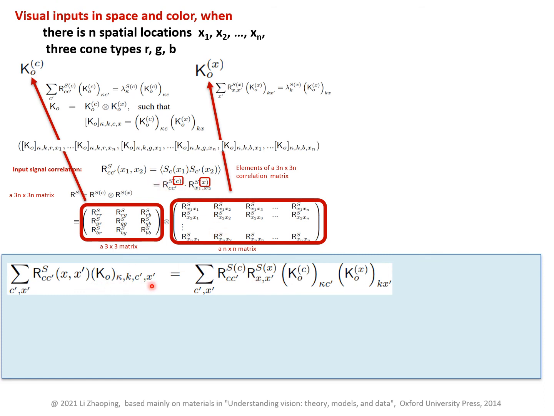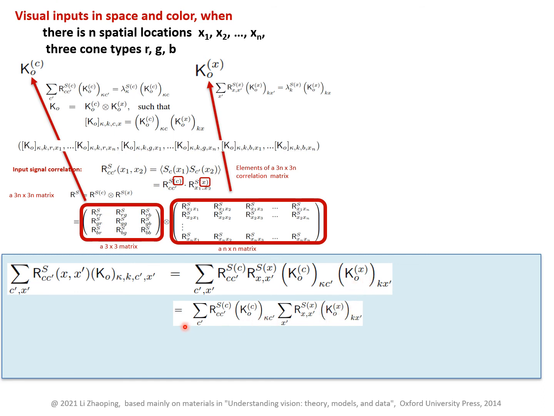And similarly, this row vector is really a row vector in color and a row vector in space, just like it's written here. Now we group the color components together, correlation in color and row vector in color, and we group the spatial components together, correlation in space and row vector in space.